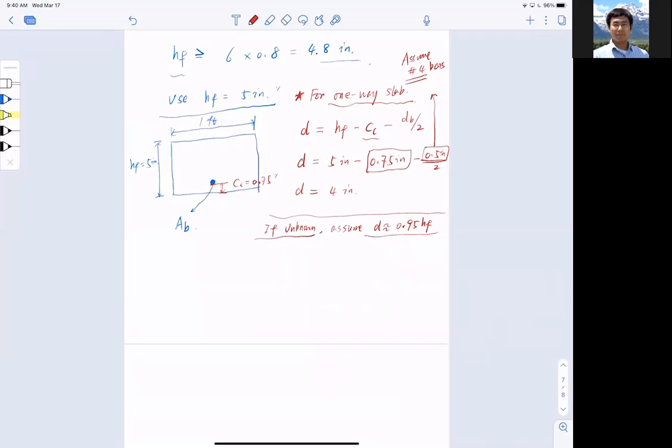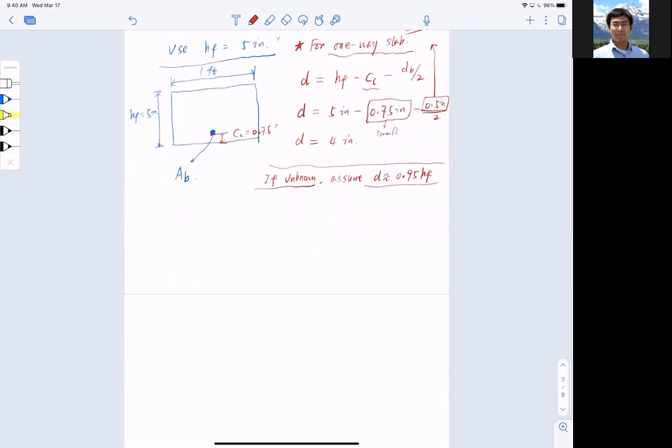I keep emphasizing that you want to keep a small clear cover, so you gain a lot of depth out of the hf. You have to efficiently use the section to give you that lever arm to resist the bending moment, okay? So that is critical. So this is 95%, which is pretty high, okay?